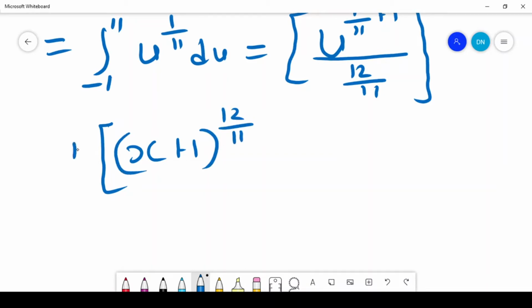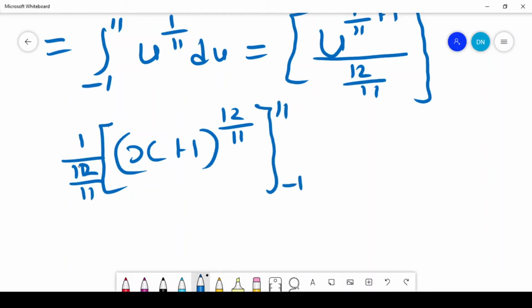Here I have to divide by 12 over 11, so it's like taking 1 all over 12 divided by 11, evaluated from negative 1 to 11.